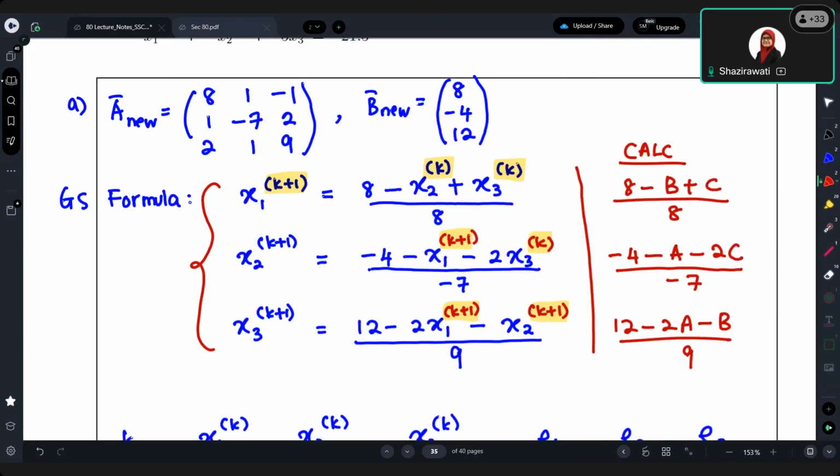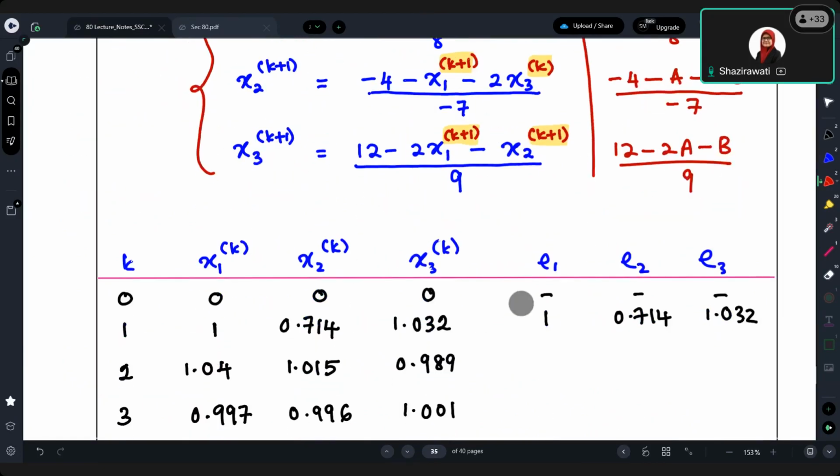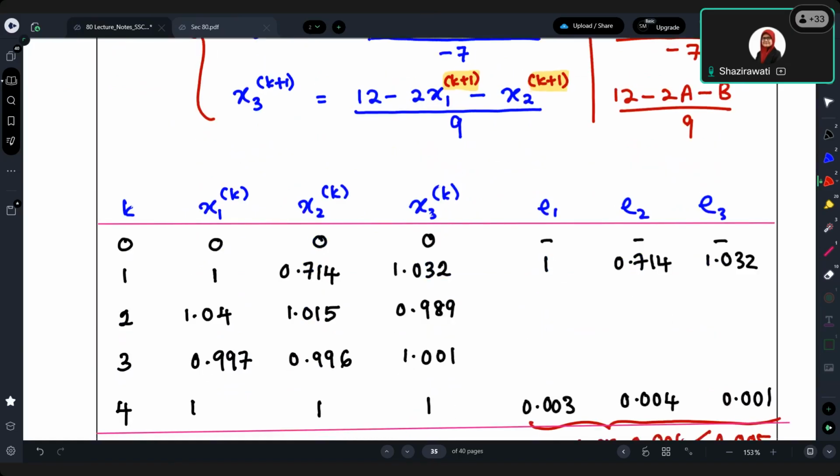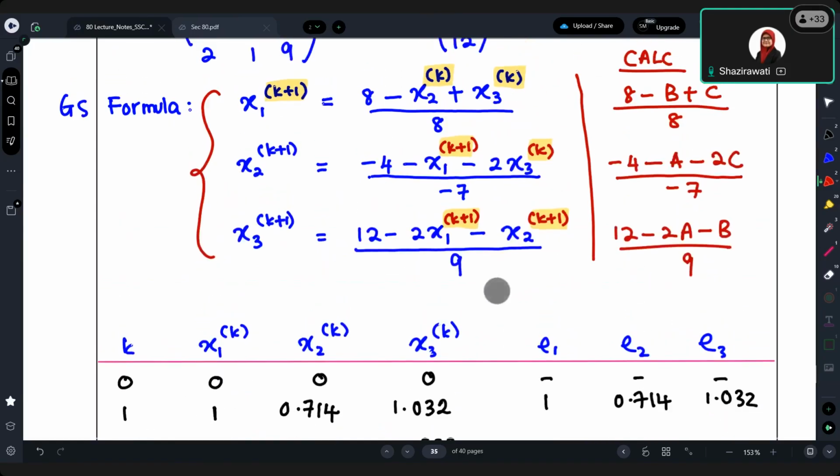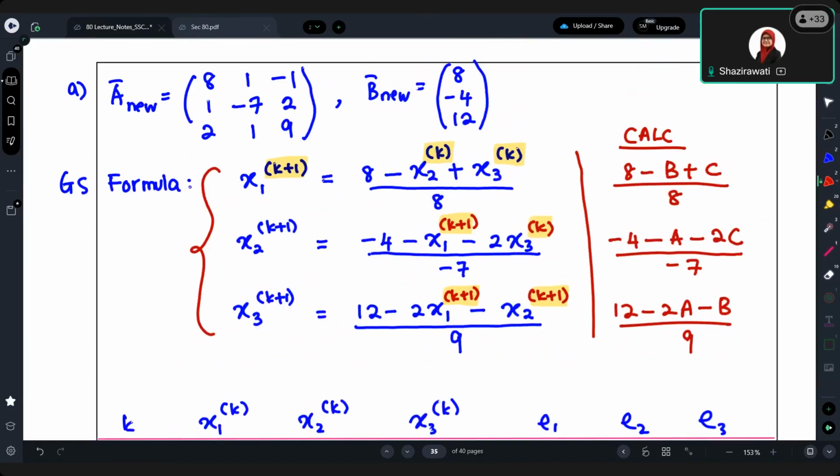Selain daripada itu, kesalahan adalah in terms of calculation lah. Salah tekan, itu human error lah. Okay, bukan understanding punya error. Understanding punya error, mungkin you tak susun SDD tu, strictly diagonally dominant tu. Tapi sebenarnya you boleh tahu.